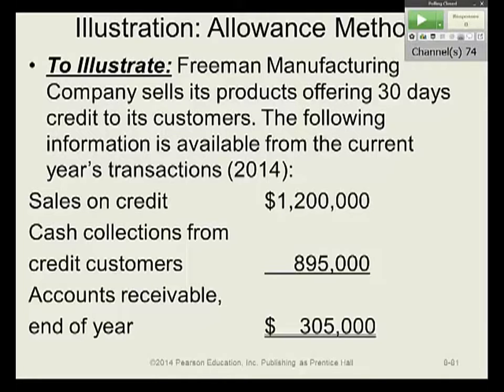And then for the collections, you debit cash and credit the accounts receivable, for $895. That gives you the ending balance of $305.